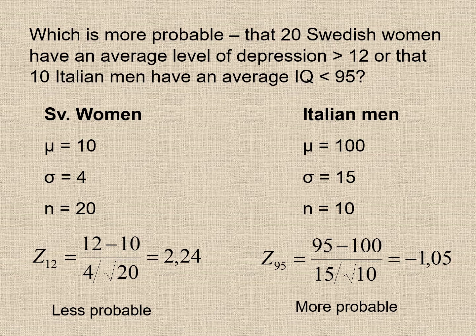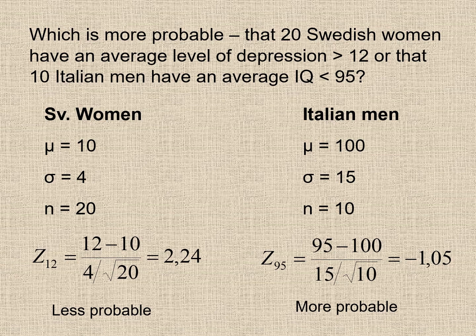And because a deviation of 2.2 standard errors is a larger deviation from the population mean, this is a more extreme outcome, and therefore this outcome is less probable. To receive a deviation that is more than 1.05 standard errors is a less extreme outcome, and therefore this outcome is more probable.